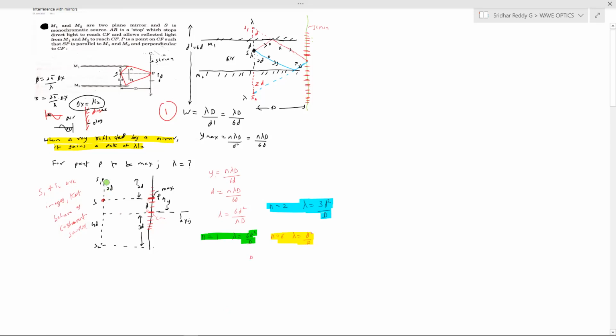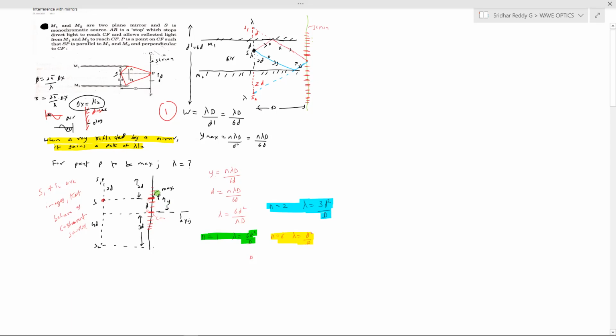This distance will be 2D and this will be 4D altogether. This distance will be 4D. And this distance is what? D. So what is the axis? About the axis, the sources should lie symmetrically. So 2D plus D, this will be 3D, and this will be 3D.